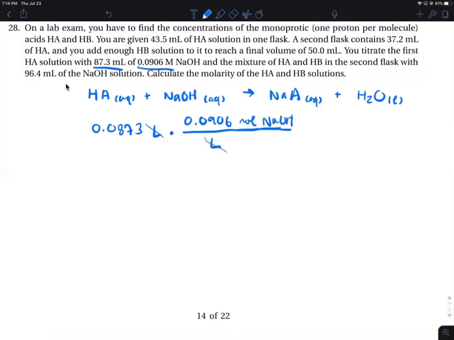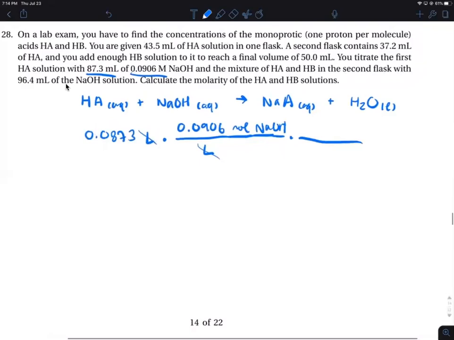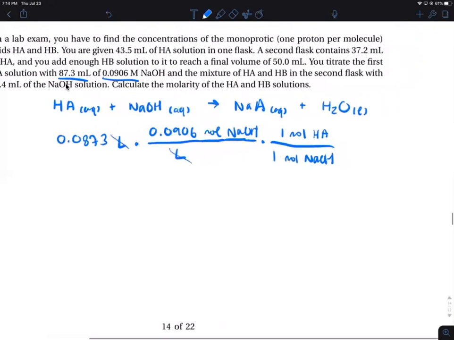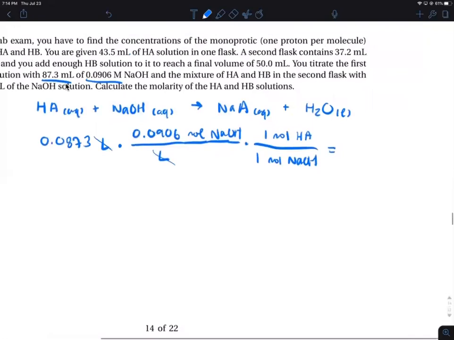And then we want to convert to moles HA. How do we do that? By using the equation we just wrote. So it's a one-to-one relationship. So it's going to be 0.007909 moles of HA.